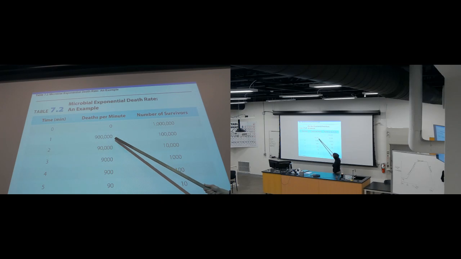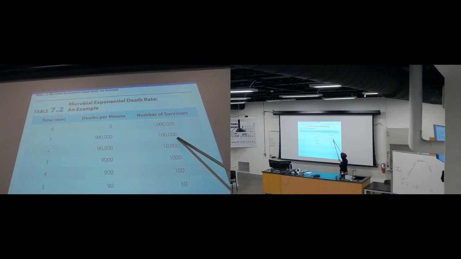And then at time 1 minute, you have reduced your population by 90%. So from 1 million you lose 900,000, and then you end up with 100,000.